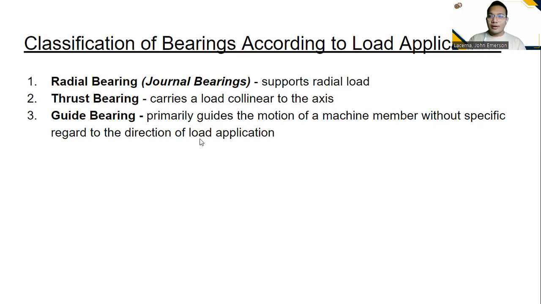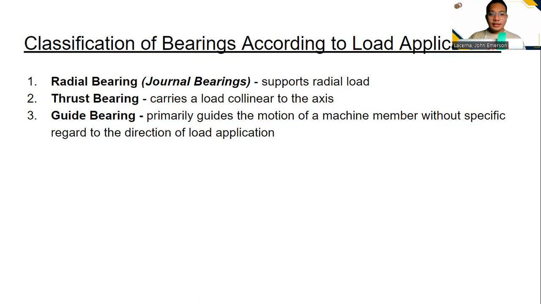So, paano ba mas madaling maintindihan yan? Let me demonstrate. Imagine ito yung ating bearing. Napakalaking bearing na to. And we have a shaft. Ito yung papel na to. Nakapasok yung shaft natin sa loob ng bearing.